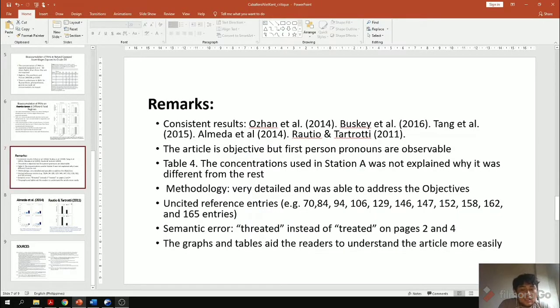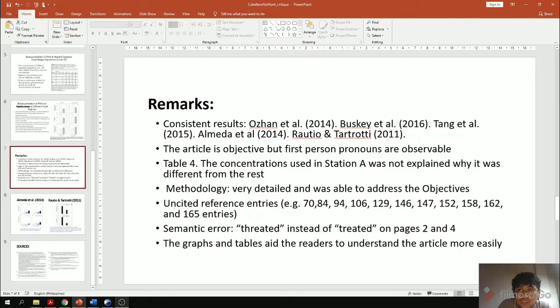Also, the methodology of the research article was very detailed and was able to address the objectives. This is a positive feedback because a very detailed methodology usually is very easy to follow and to replicate. There are also uncited reference entries, for example, entry number 70, 84, 94, 106, 129, and so on.